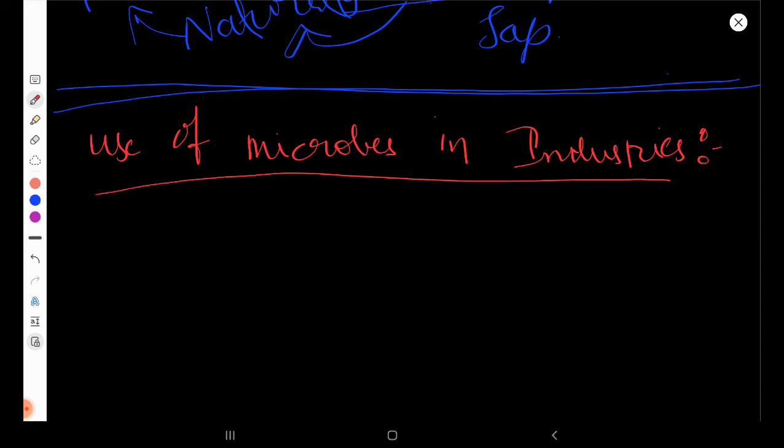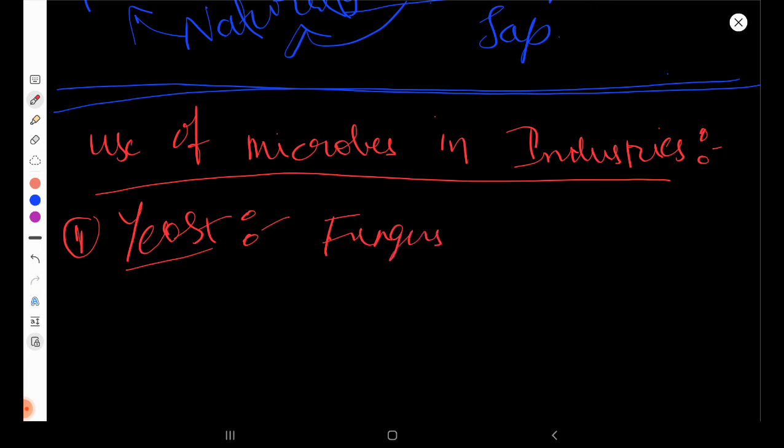So see here, the first use of these microbes in industries is the use of yeast, which is a fungus, as you all know, a unicellular fungus.